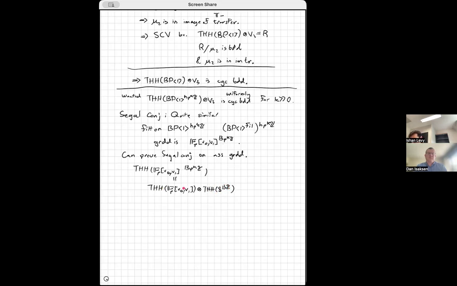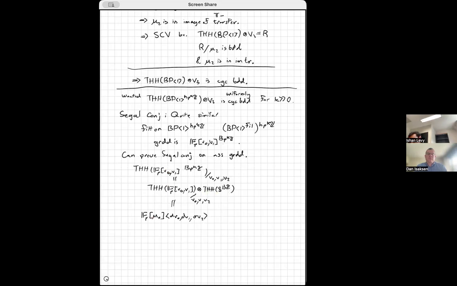And the point is we need the homotopy groups of this. So let me mod out by V0, V1, V2 here. And what you learn is that this is just the thing that we were previously looking at. Previously, when we were looking at just BP1, we had this mu0, and then we had these three exterior classes, dv0, dv1, and sigma v2.